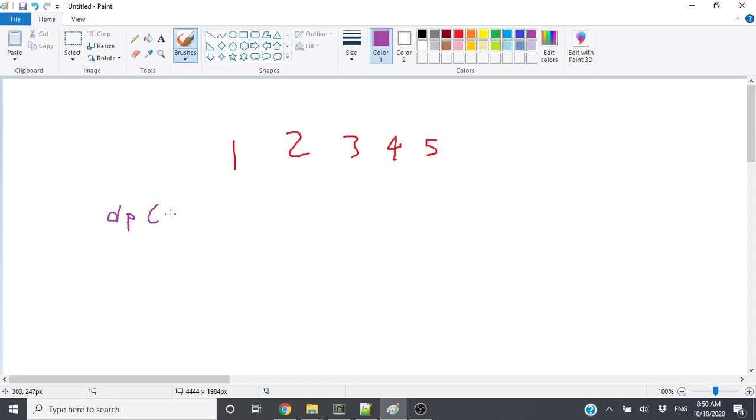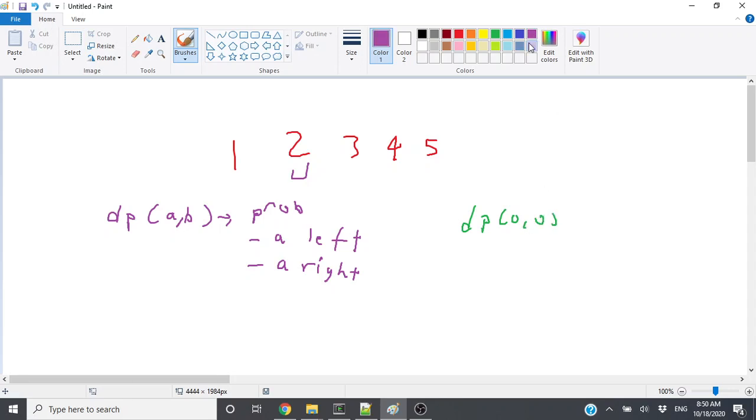Let DP of A and B be the probability of having A on the left. So we're here, we have A numbers on the left and B numbers on the right. When we have one number left, it's DP of 0 and 0, and then we go backwards. The transition is either we get a number on the left or we get a number on the right.